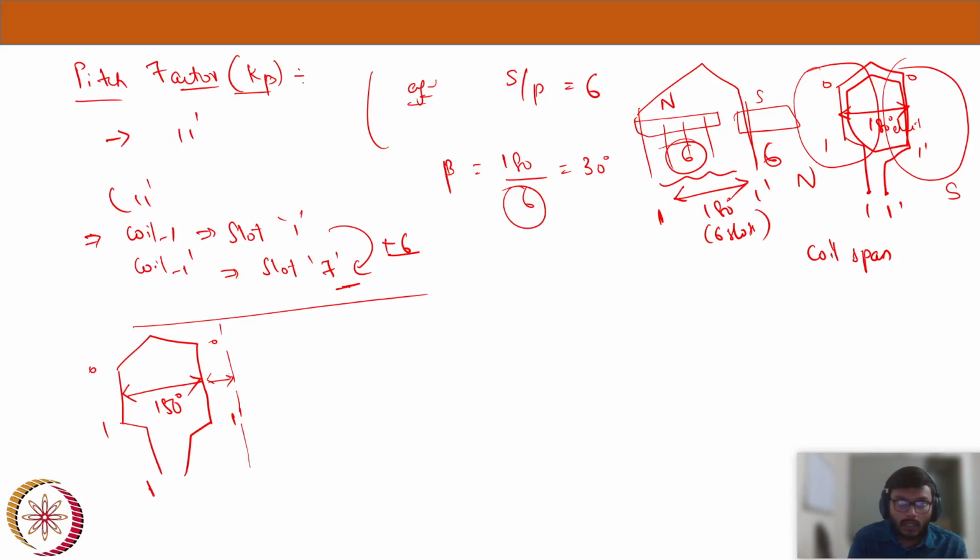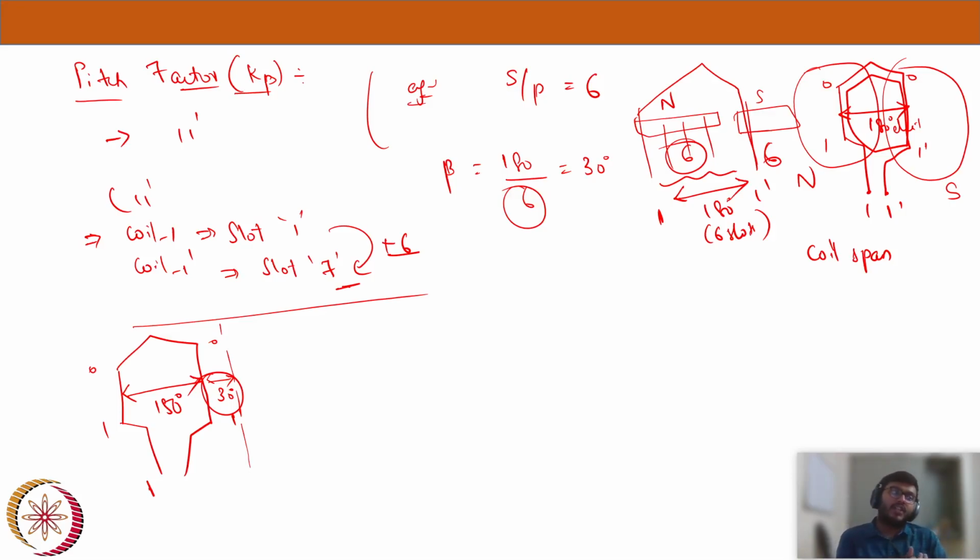If you see, there is a 30 degree angle still left, and my coil is not placed under the different poles now. So I have short pitched my connection by 30 degrees. I will call this a short pitch winding, and here my short pitch angle is 30.